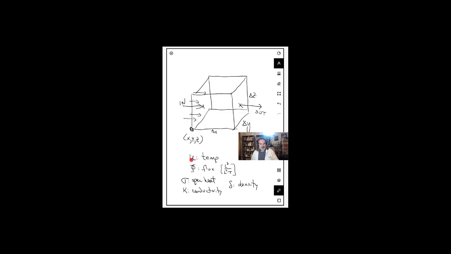So the medium that the heat is flowing through is going to have properties. First of all, we are after the function that describes heat or temperature as a function of x and t. We're going to be measuring flux, which is the amount of flow that goes across each face. Now this flux is called volumetric flux. Its units would be something like cubic meters per square meter per second.